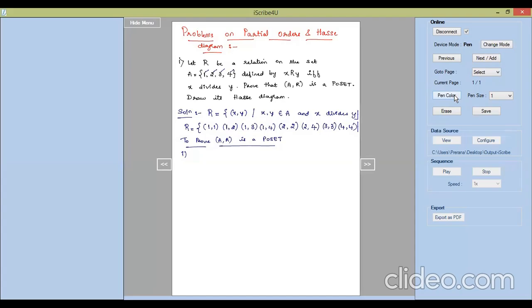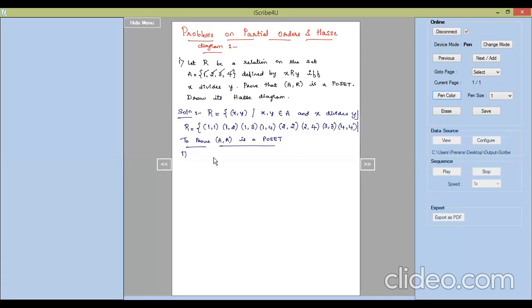First condition, R is reflexive. Is R reflexive? Yes, looking into the relation R, we can observe that 1, 1, 2, 2, 3, 3, 4, 4 exist. Every A comma A belongs to the relation R for every element A from the set A. So that is why we can conclude R is a reflexive relation.